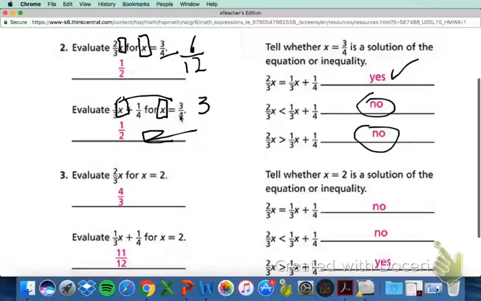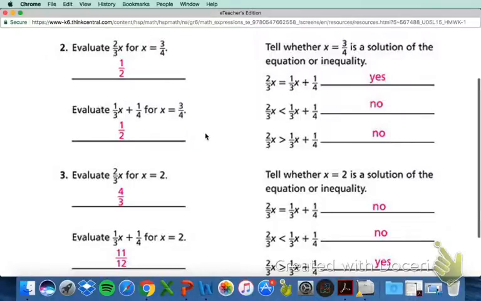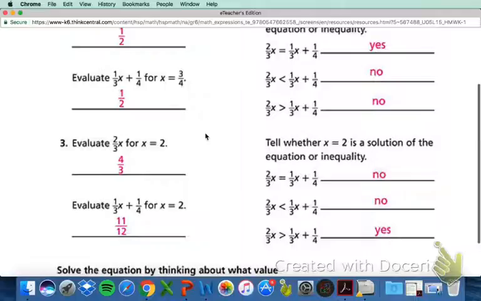Now, finally we do the same thing. This time we're just evaluating for 2. We multiply 2/3 by 2, get 4/3. Multiply 1/3 by 2, and then add 1/4, and you get 11/12.